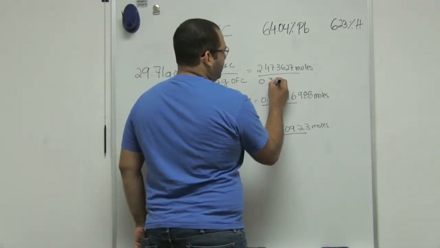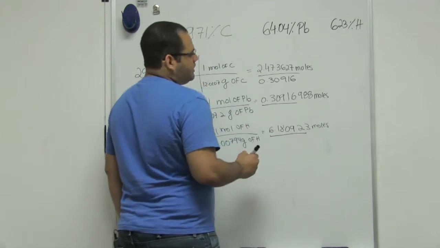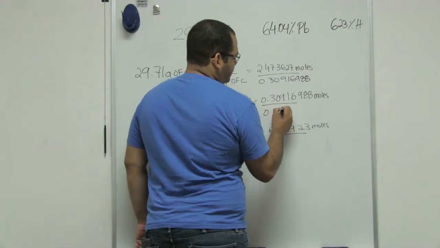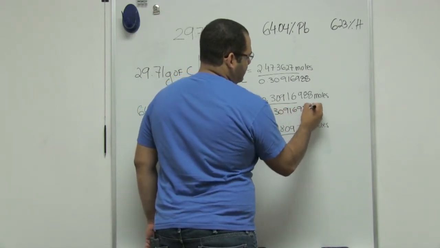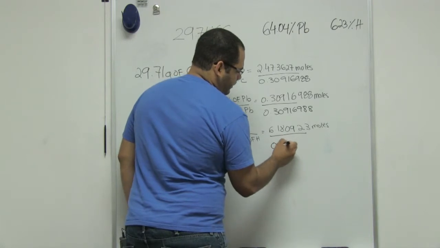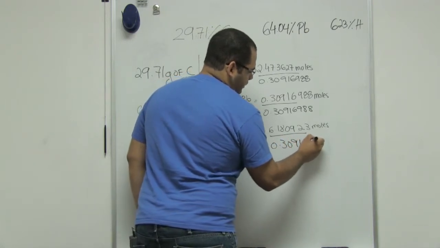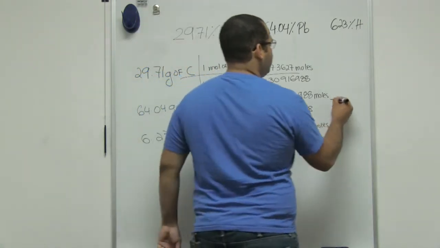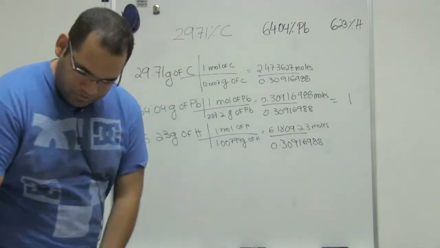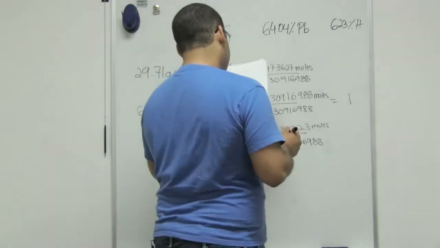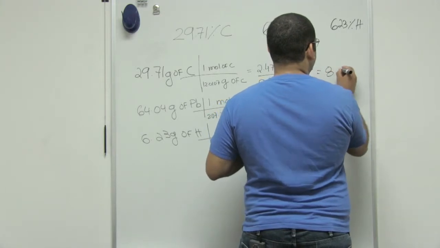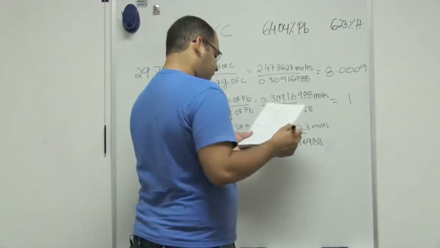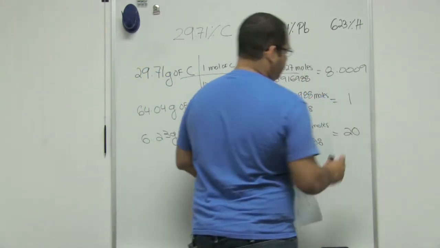So this is divided by 0.30916988, and this divided by this gives me a 1. 2.47 divided by 0.30 gives me 8.0009. And for hydrogen, I have 20.